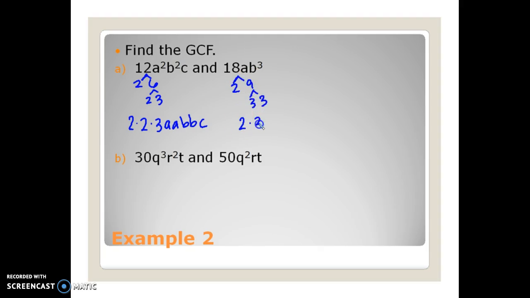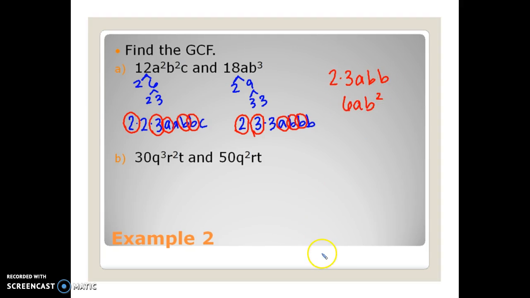So I have 2 times 3 times 3, 1 a, and 3 b's. They both have a 2 and a 3 for the numbers. They both have 1 a and 2 b's. And that's it. They have nothing else in common. So then my GCF becomes 2 times 3, 1 a, and 2 b's. And then if I multiply that out, I end up with 6ab squared.